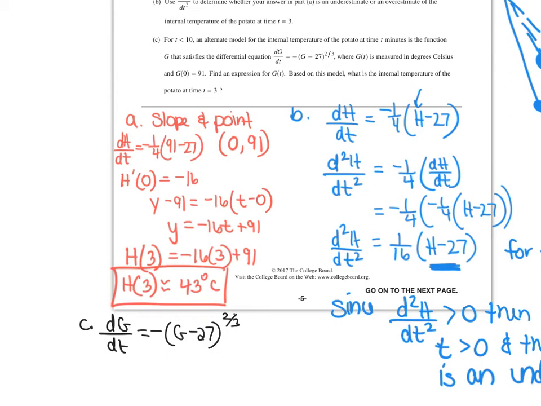It says that at time equals 0, the temperature is still 91 degrees Celsius. We want to find an expression for G of t. So we are going to find the particular solution that satisfies the given G of 0 equals 91. How do we go from the derivative back to the function?